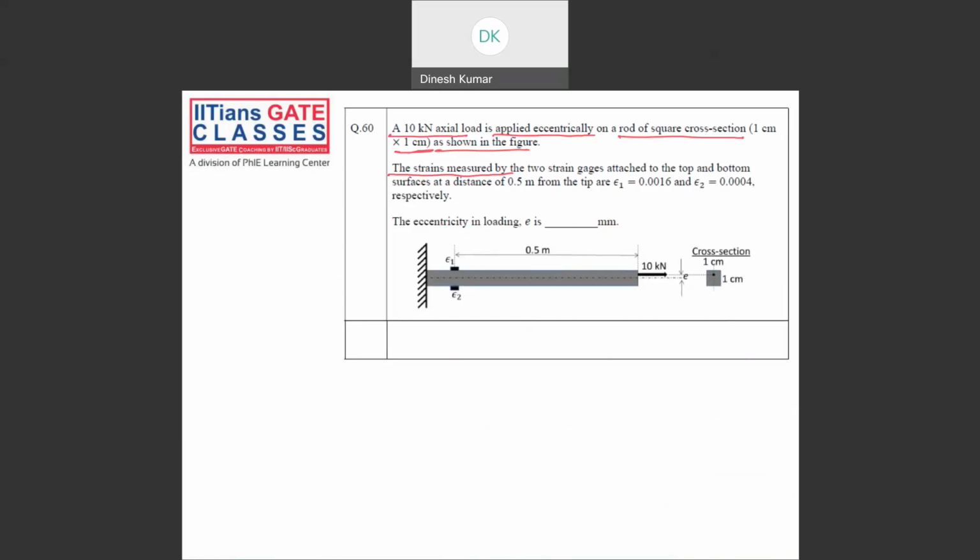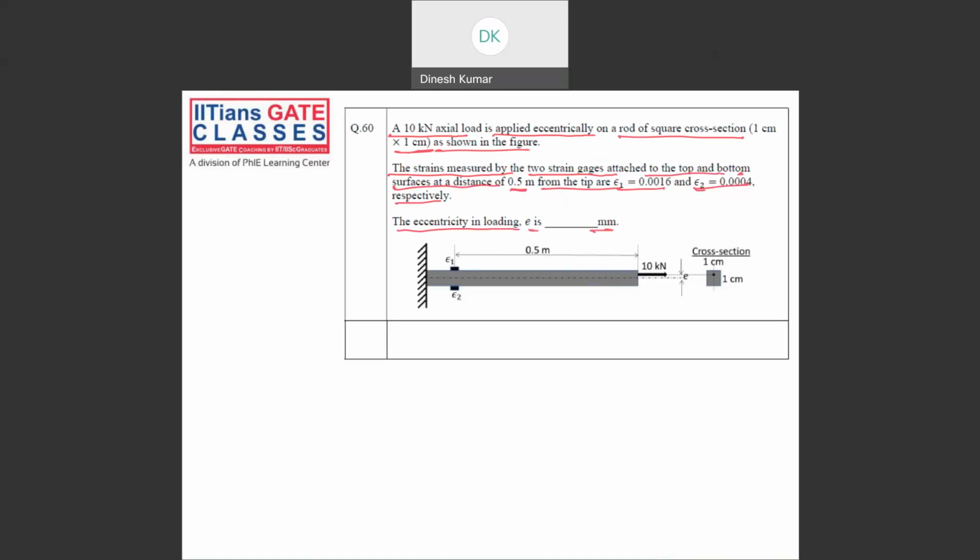The strains measured by two strain gauges attached to the top and bottom surfaces at a distance of 0.5 meters from the tip are epsilon 1 and epsilon 2 respectively. The eccentricity in the loading E is asked in mm.